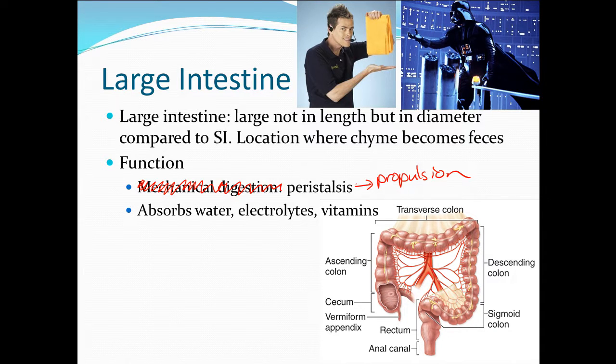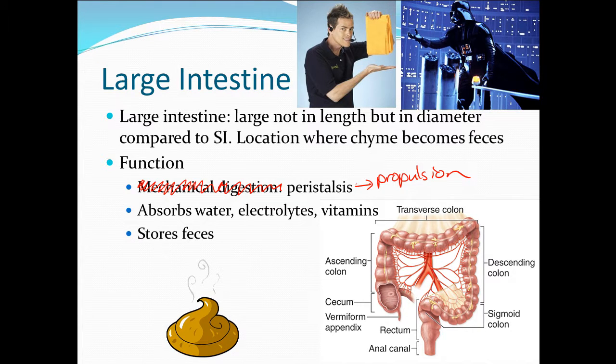But if it does absorb stuff, it's absorbing water, electrolytes, and vitamins. So it doesn't absorb any more glucose, amino acids, lipids at this point. All that was done in the small intestine.